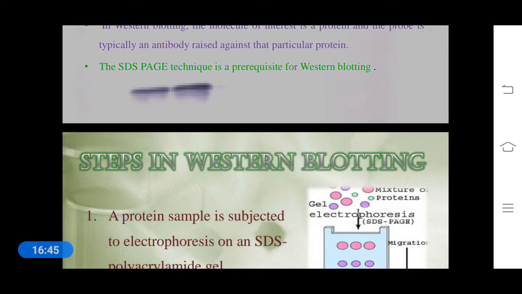Unlike agarose gel electrophoresis, we will not use a single gel. Here, a stacking gel and a separating gel, two types of gels, will be used. Okay, it is a slightly complicated electrophoretic technique, but it is a prerequisite for Western blotting. Okay.